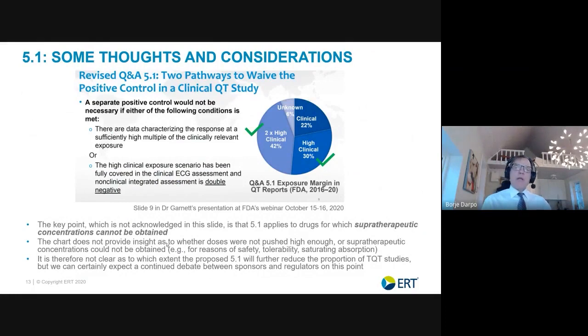But as I said repeatedly, 5.1 refers to the scenario where you cannot achieve sufficiently high concentrations based on limitations in terms of safety, tolerability, or saturated absorption. It is therefore, in my view, not clear to which extent the proposed 5.1 will further reduce the number of surrogate studies. But we can certainly expect a continued debate between sponsors and regulators in regard to this specific item.